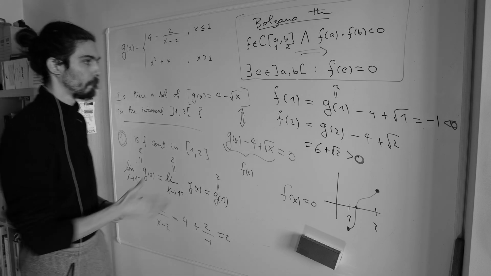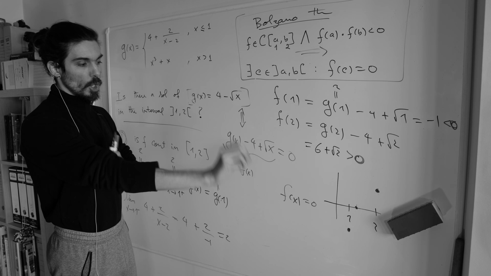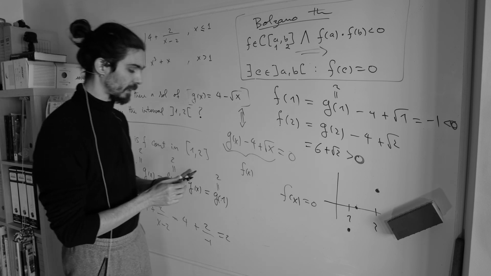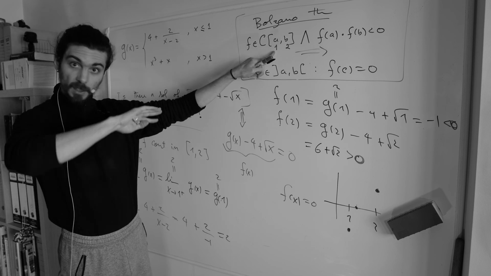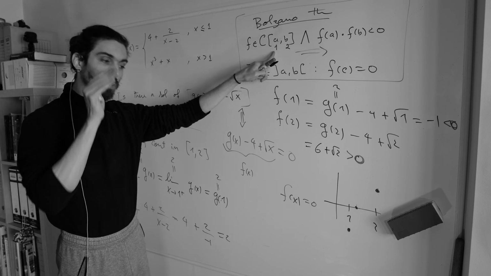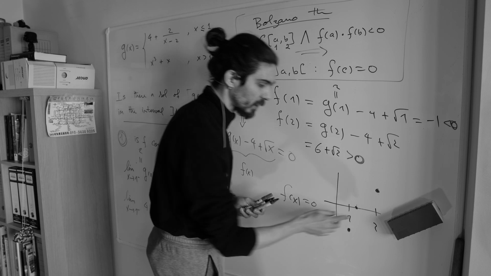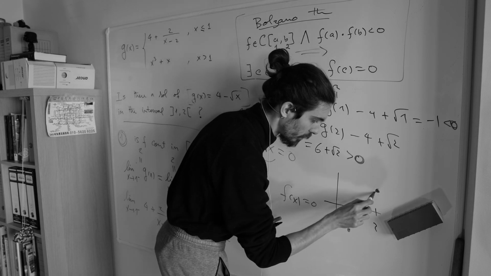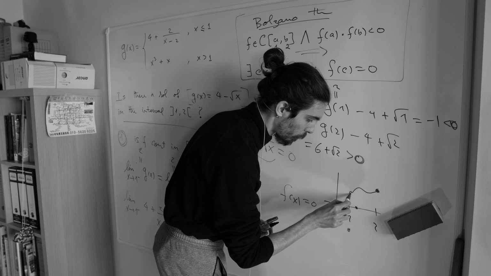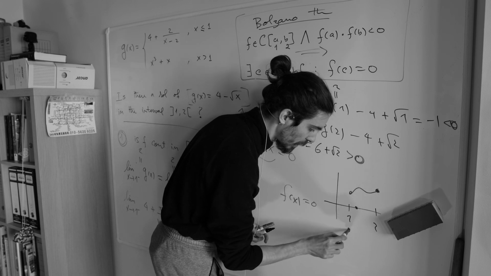Why is it important? Notice this: if the function was not continuous at 1, it would be possible for the function to behave like this. Open, and now it jumps like this.